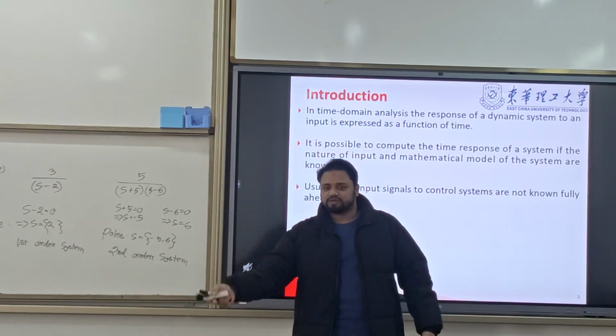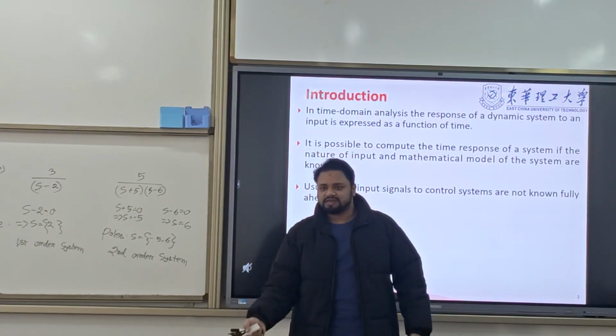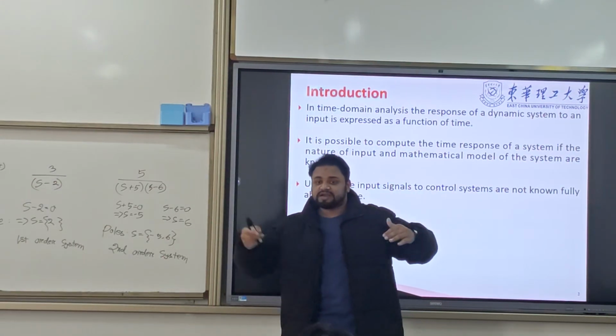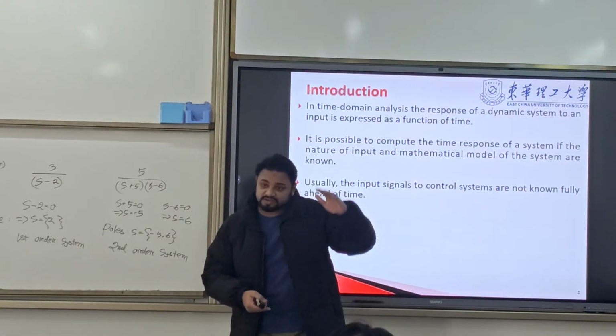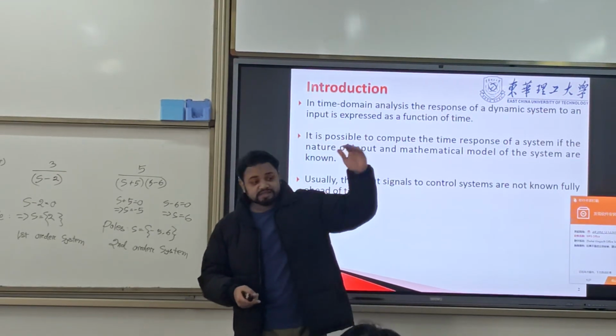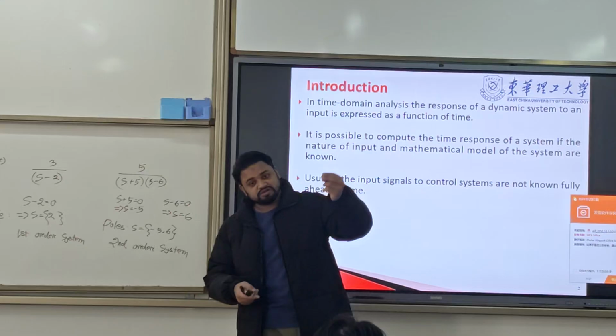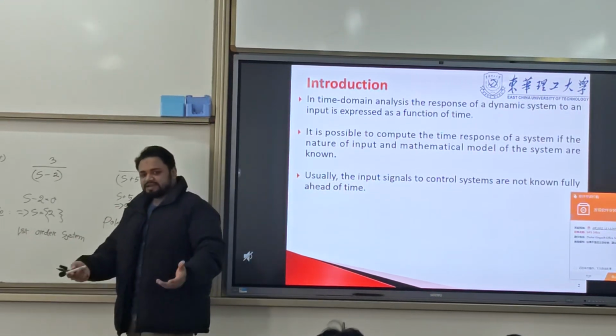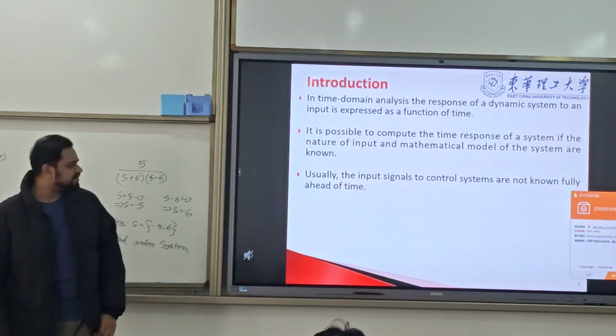Suppose now the weather. It is not very cold now, but in the evening the weather will be very cold. In the morning it was very cold. The input, the weather, is always changing because it is a dynamic system. The practical, real world system is a dynamic system.